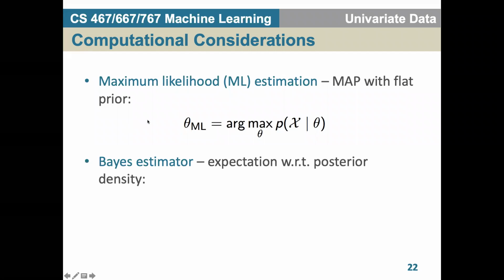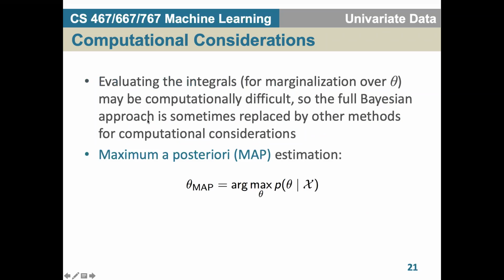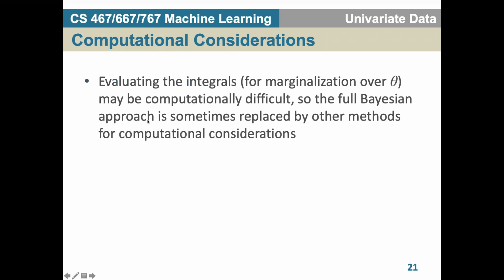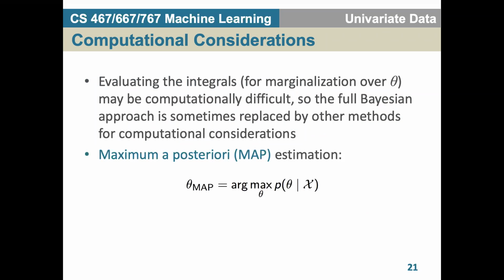So last time we have seen two kinds of parameter estimation methods. The first is maximum likelihood estimation, and the second is maximum a posteriori estimation, or MAP. The difference between these two methods is pretty simple.